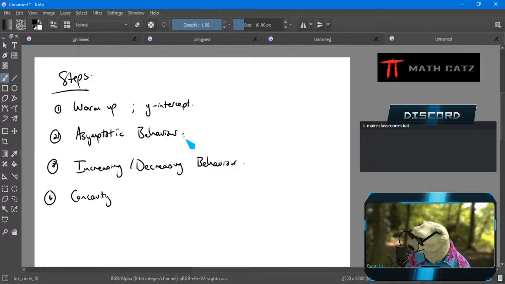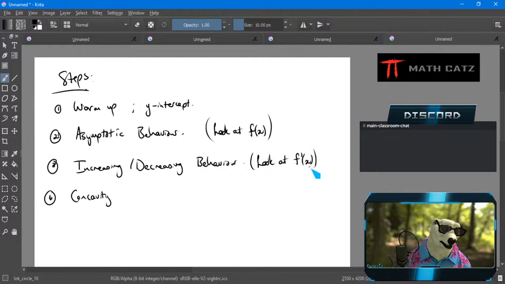When I looked at the asymptotic behavior, I looked at the function itself. Let's call it f. When I look at increasing, decreasing behavior, it's all about the derivative. Now, I am trying to make conclusions about the original function, but I get that information from the derivative. When I look at concavity, I look at the second derivative.